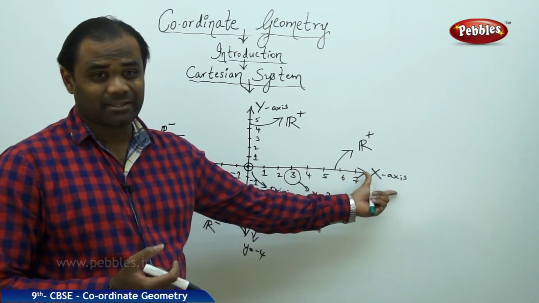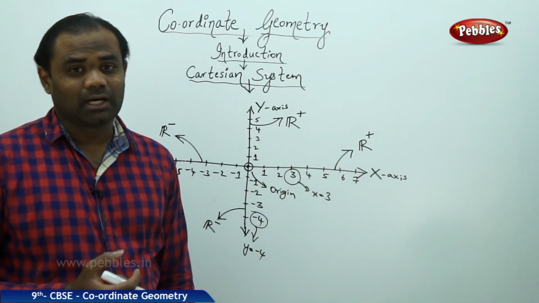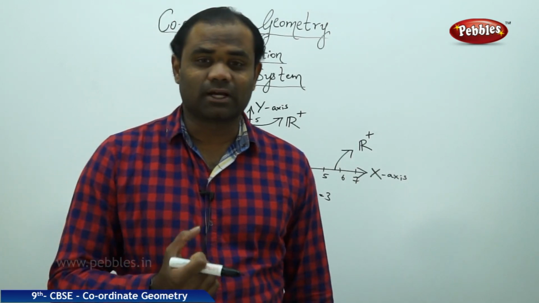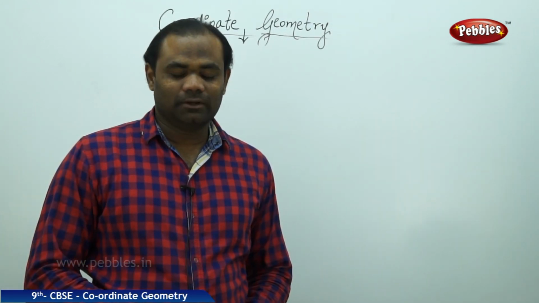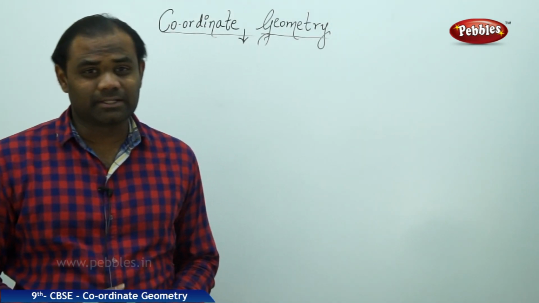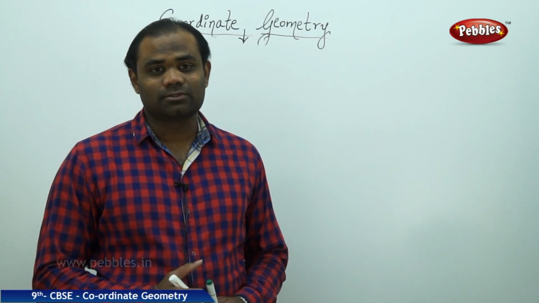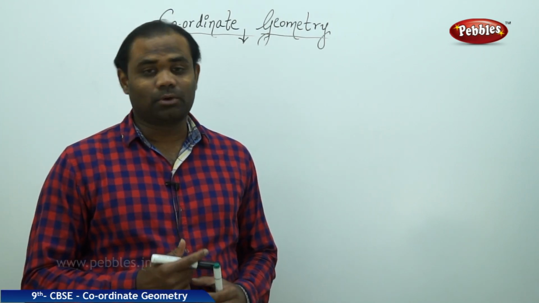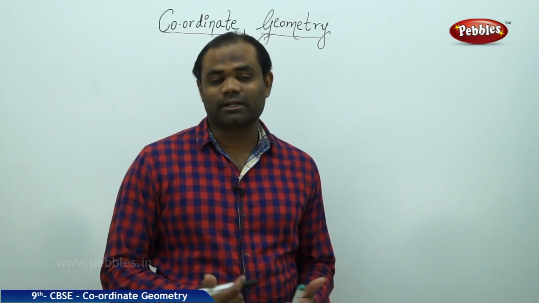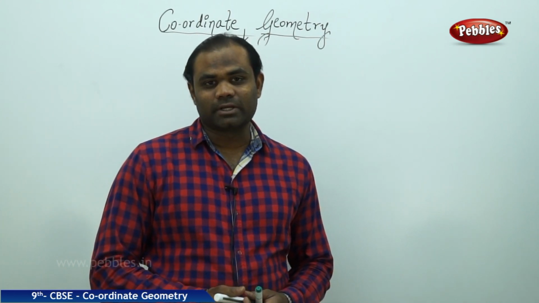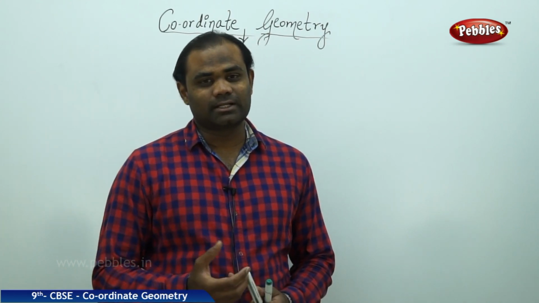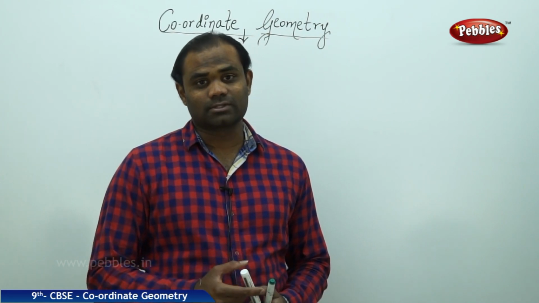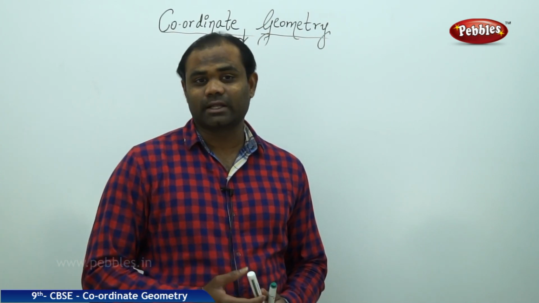Origin, x-axis and y-axis are the base rules of the Cartesian system. Now that we have discussed the Cartesian system, let's continue with its properties and rules. Every point represented on the Cartesian system has its own rules and respective understanding.